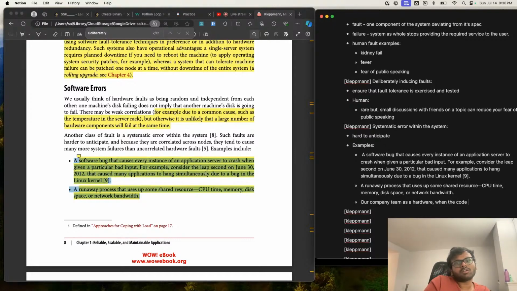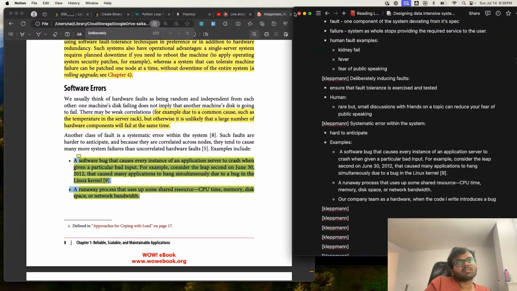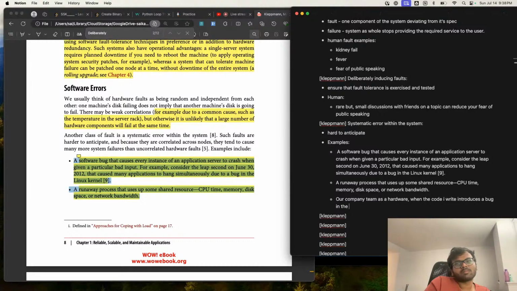When the code I write introduces a bug in a core component, say the database, I don't know. Maybe I should think of a better example.